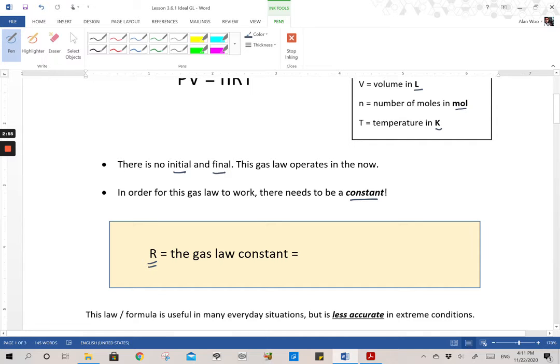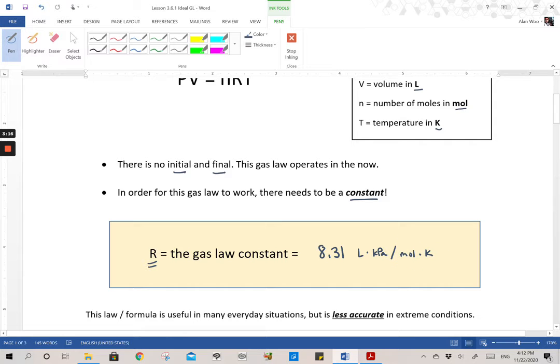The value that we're going to use for this particular gas law is 8.31, and the unit is liters times kilopascal divided by moles times Kelvin.